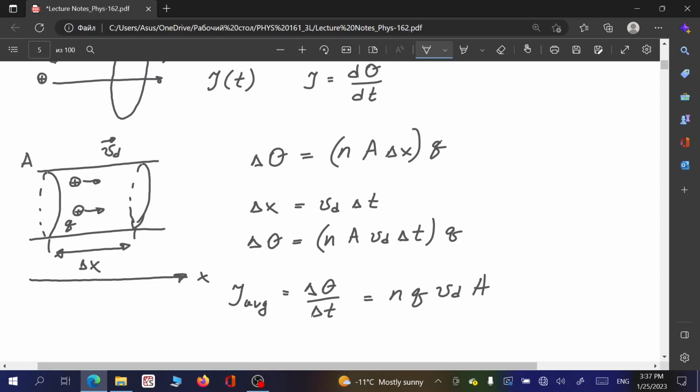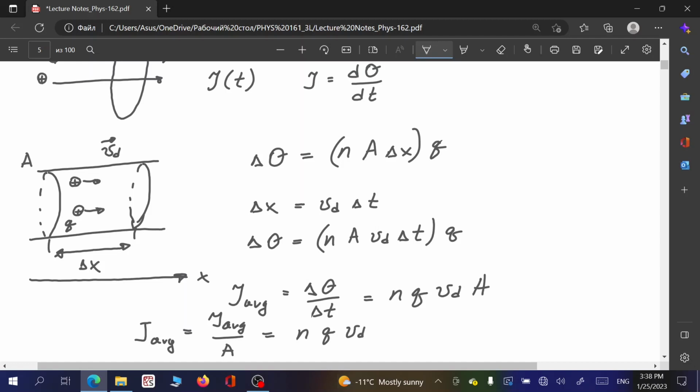So usually it's quite common to operate with current density. So we have J average, the average current density, that is the average current divided by the area of the conductor. So we end up with n times q times vd.